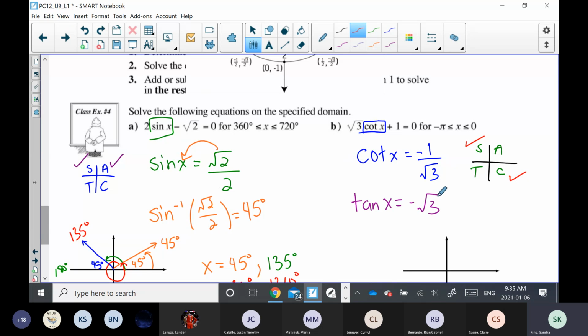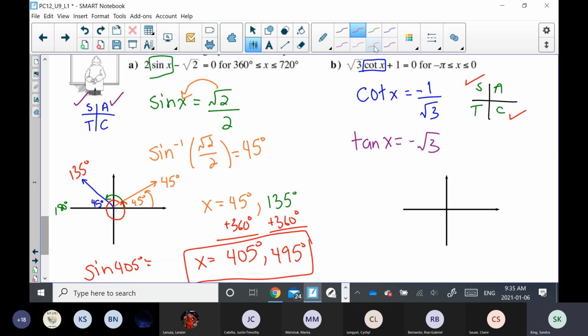Okay, from there, let's find the reference angle. And we could calculate the reference angle as exact pi radians in this example. So to do the reference angle, you're going to write down the inverse tan of the absolute value of negative root 3, which is just positive root 3.